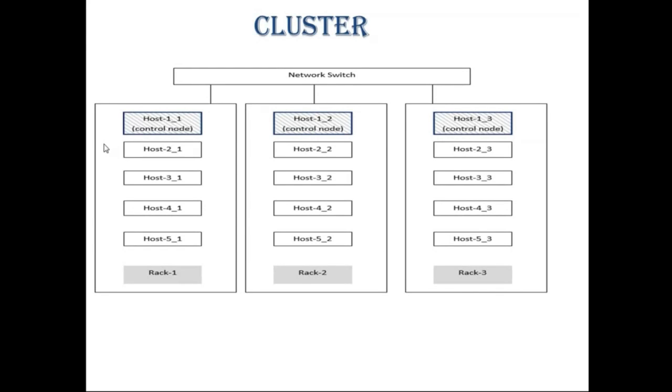Why don't we put all of them in a single place? To achieve robustness, we put them in different physical locations, but it's not mandatory. You can place them in a single physical location as well, but it's preferred to put them in different locations. The reason is, if rack 1 has gone down due to a power shutdown in North America, where it is located.